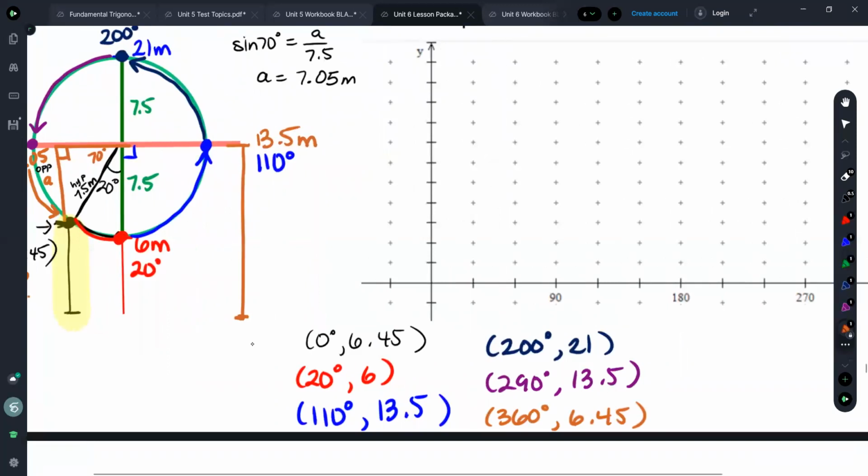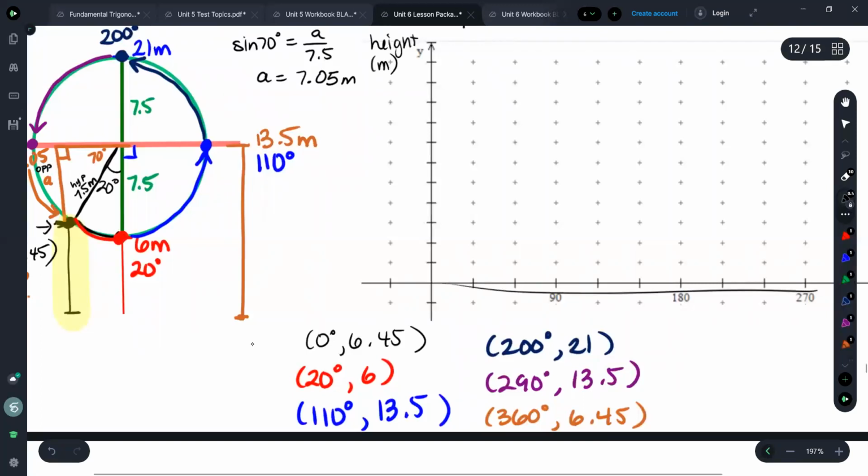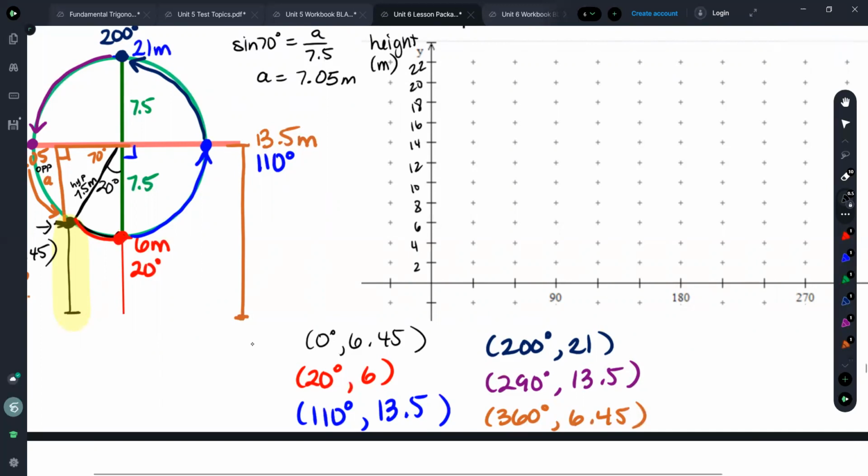Okay, so over in our y-axis, this is going to be height off the ground in meters, and this will be our angle of rotation as we rotate around. We need to go up to 21, so let's go by twos here. We'll have to approximate 0, 6.45, probably somewhere right around here.